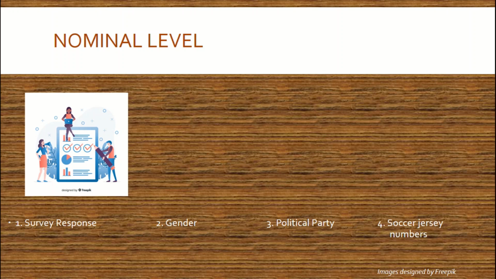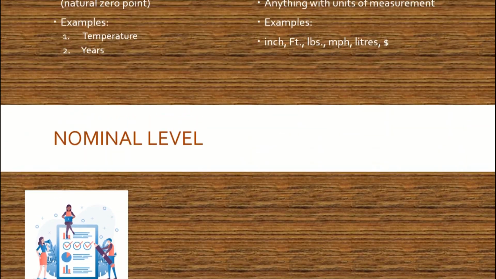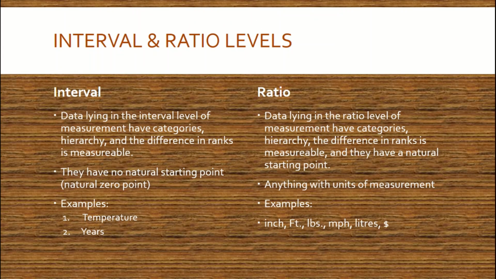Anything with units of measurement that has a zero starting point, a natural starting point. We have zero measurements when something does not exist, and the measurement increases with height or length. We have zero weight where something is non-existent, and the weight increases with mass. We have zero speed when something is not moving at all, it's stationary. And we have 0 liters or zero volume when nothing exists.